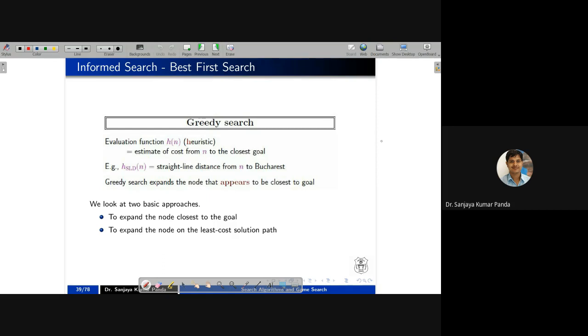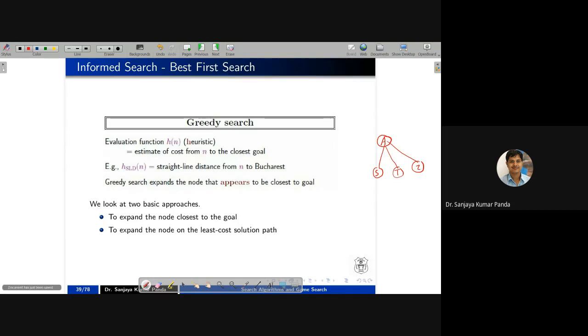So when you expand A, you have to calculate the estimated cost from A to S, from A to T, and from A to Z. Once you reach S, again you have to see the cost from S to the destination. If you choose T, you have to find the cost from T to the destination. If you choose Z, you have to find the cost from Z to your destination.